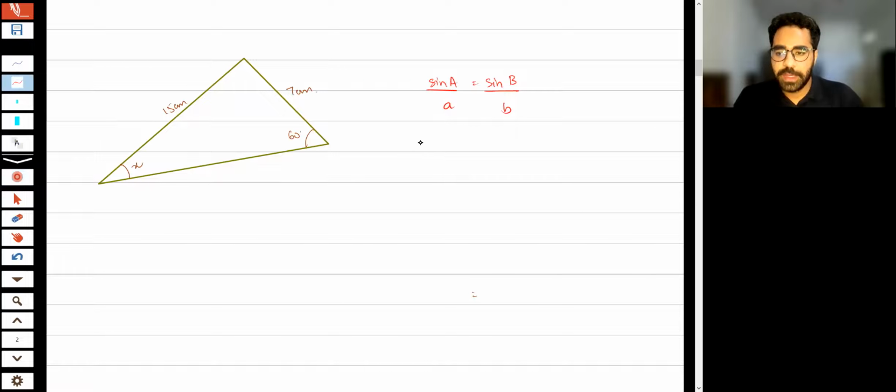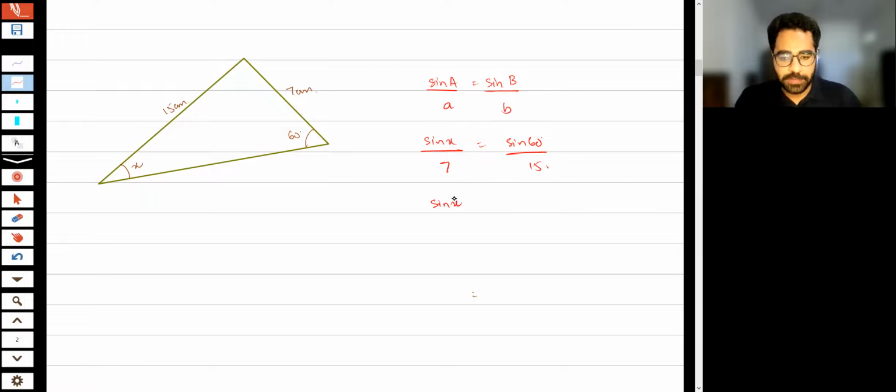So I'll get sine x over 7. And what would be sine b over b? Sine b would be the known angle and the known side opposite to it. The known angle is 60 degrees and the known side is 15 centimeters opposite to it. I'll get sine 60 over 15 centimeters.